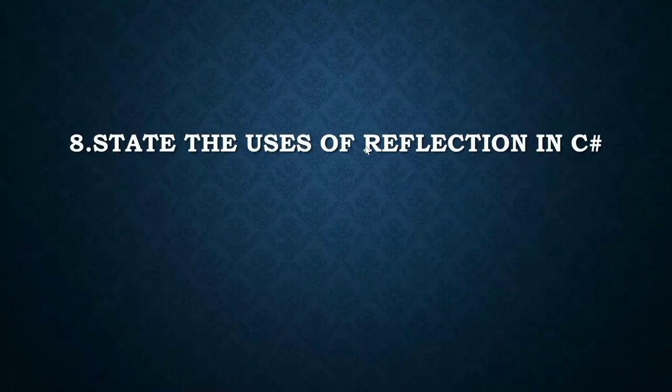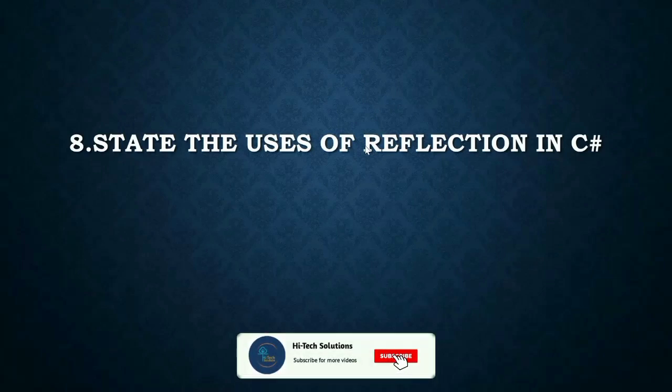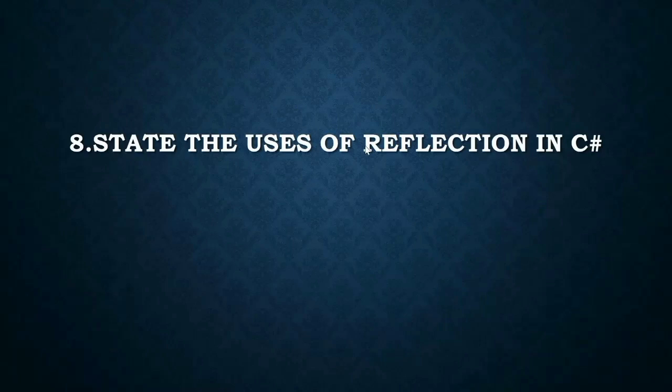Some of the major uses of reflection in C# are: loading assemblies at a given runtime; learning about the definition of entities like classes and enumerations; getting to know about fields, properties, constructors, events, and methods in a class; learning about the properties of entities such as their types and read-only status; getting and setting property values; and learning about an entity's attributes. So these are the uses of reflection in C#.